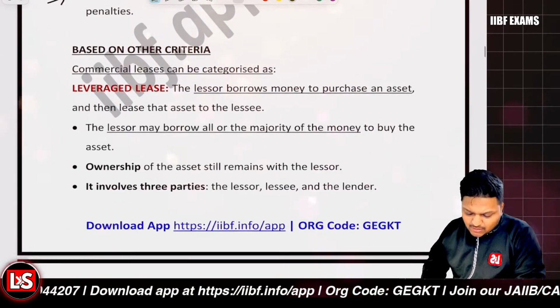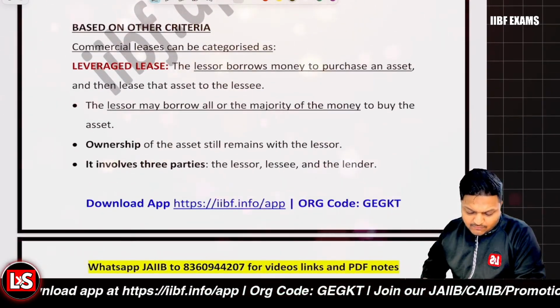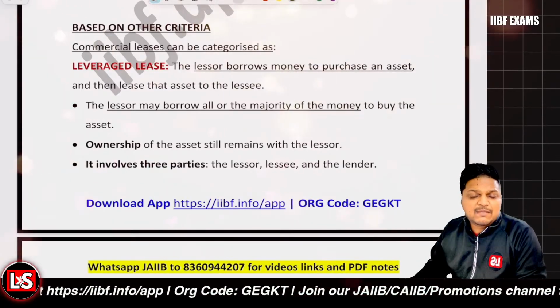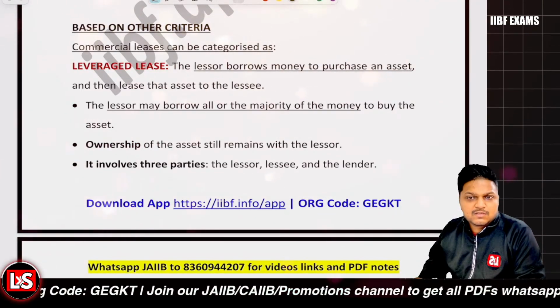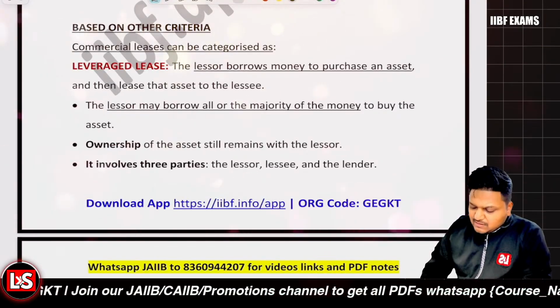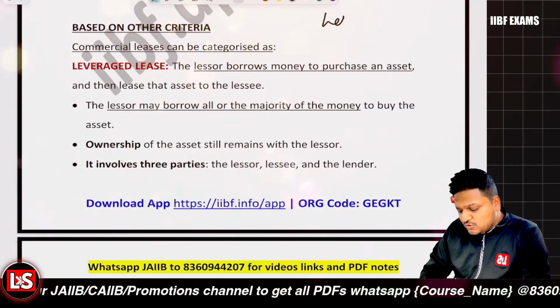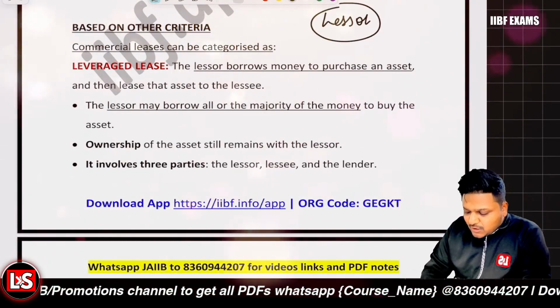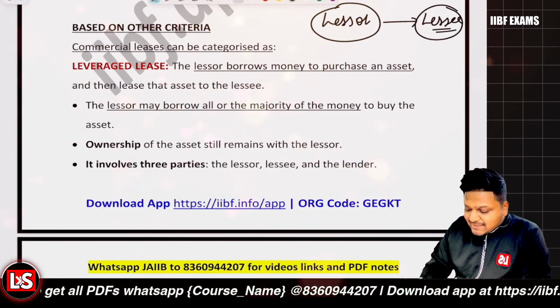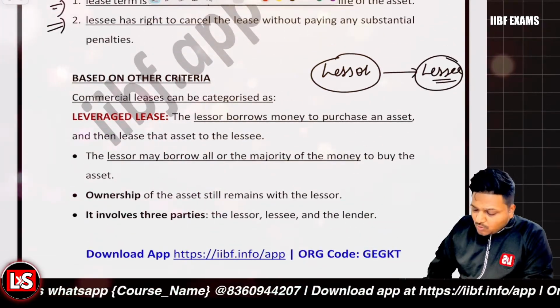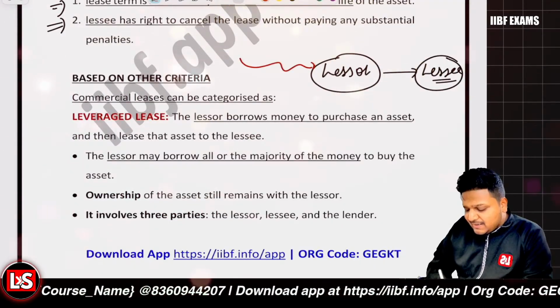Further, based on other criteria, commercial leases can be categorized as leveraged lease. Now, what is a leveraged lease? In a leveraged lease, the lessor, the person who is going to rent out the asset to the other person, the lessee, owns the asset by way of taking a debt.